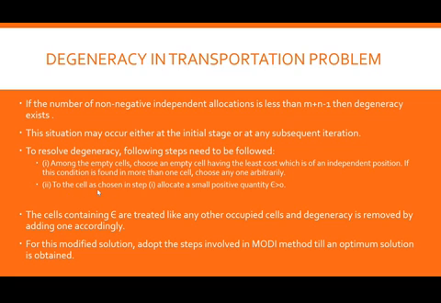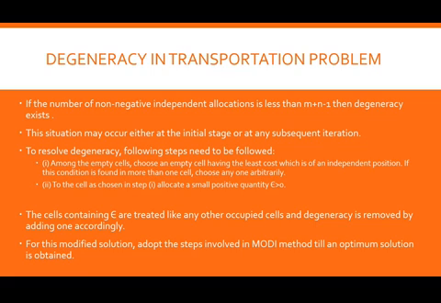To that particular cell chosen in step 1, allocate a small positive quantity epsilon, which is just greater than 0. Once again, I'm telling you, we are making an assignment of a very small, negligible positive quantity called epsilon.